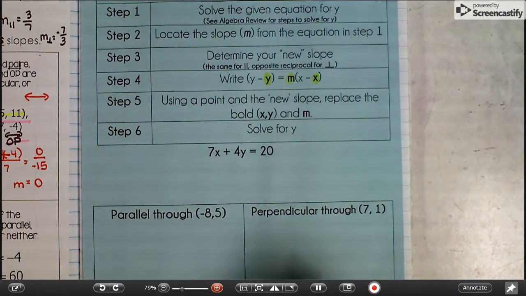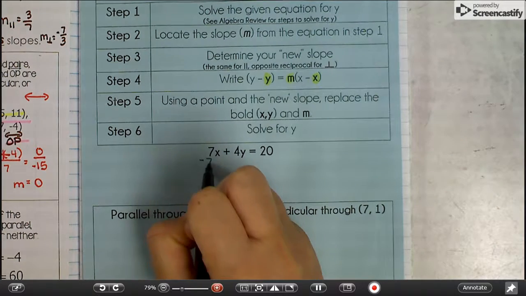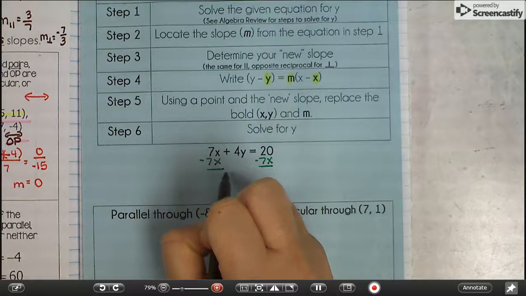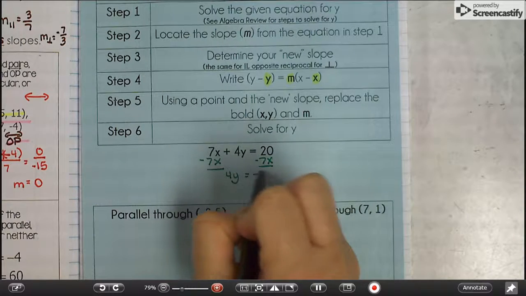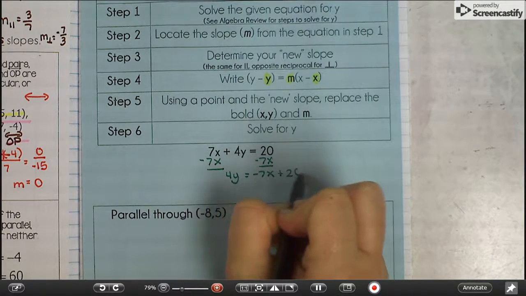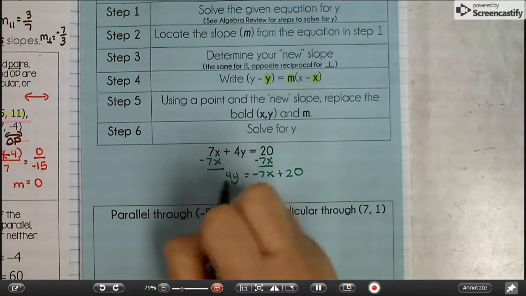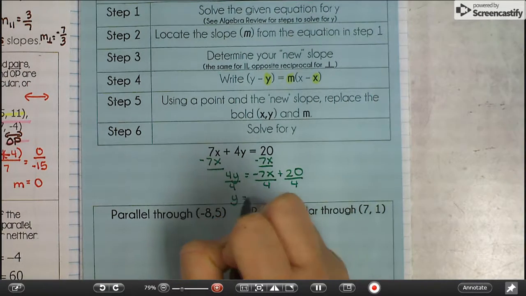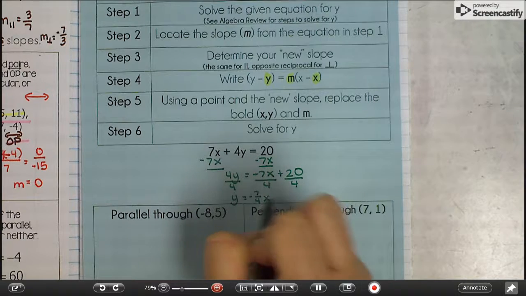Step 1, solve for y. So we're going to subtract 7x from both sides. And then divide. So y equals negative 7 over 4x plus 5.